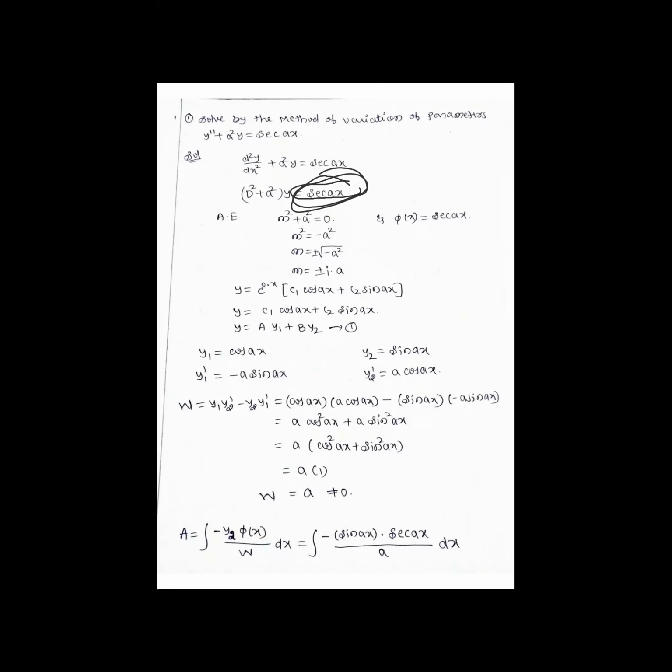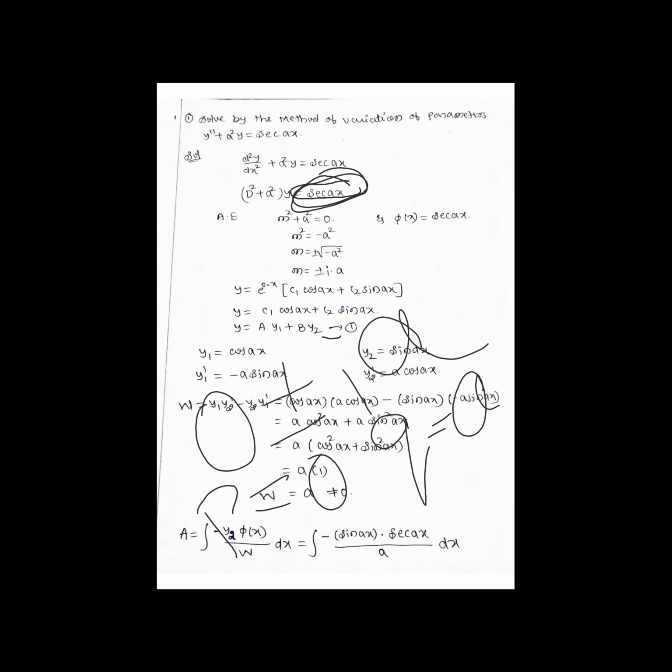The square root of minus is i, and the square root of a square is a, so I'm writing it as ia. So here complex roots are coming, like 0 plus or minus i into a, where p is 0 and q is a.